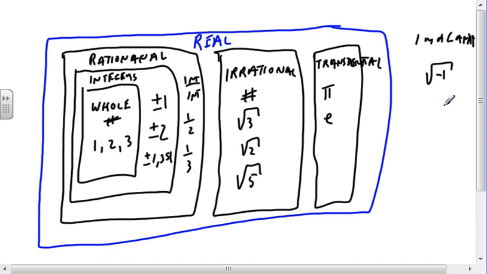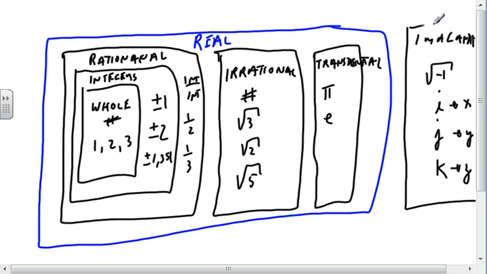But from 1820 on, we came up with imaginary numbers, the square root of -1, and it's going to be an i, or it could be a j, or it could be a k. So we could have imaginary numbers in the x direction, the y direction, or the z direction. We could have 3 coordinate axes of imaginary numbers. The imaginary numbers sit over there. They're normally in the form x plus yi, something like that.